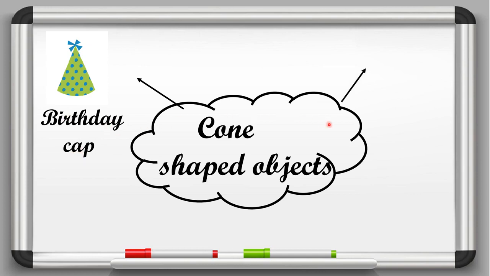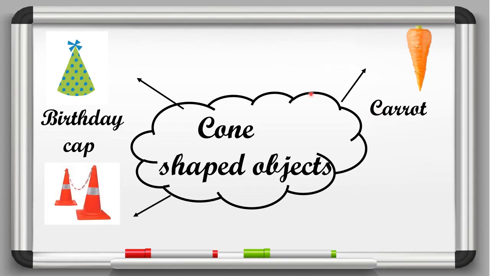And the next one is, this is a carrot. CARROT carrot. Now the next one is, you can call it, these are the traffic cones. Thik hai beta, jahan pe traffic hota hai wahan pe ye cones lagaye jaate hain, so these are called traffic cones. Understood?